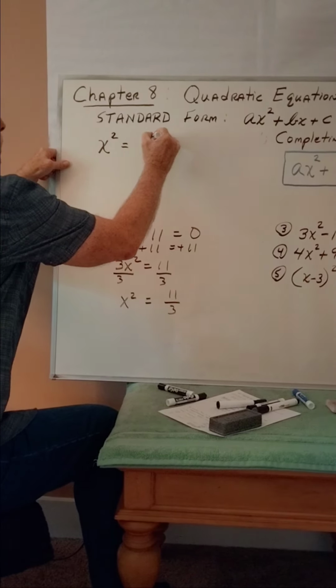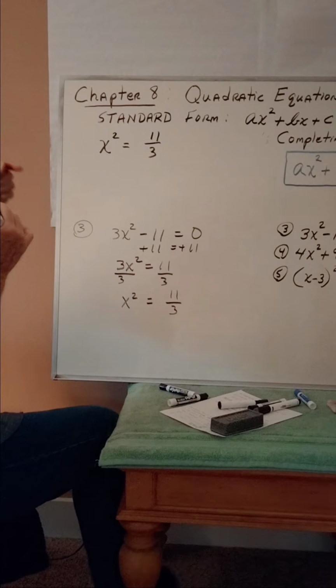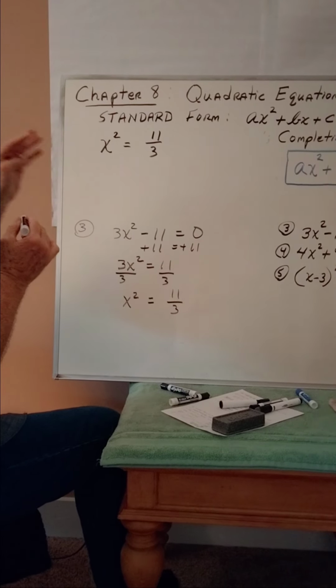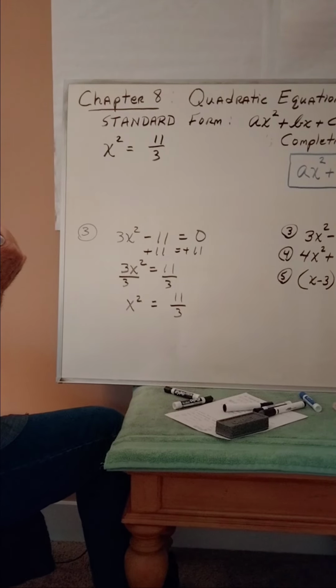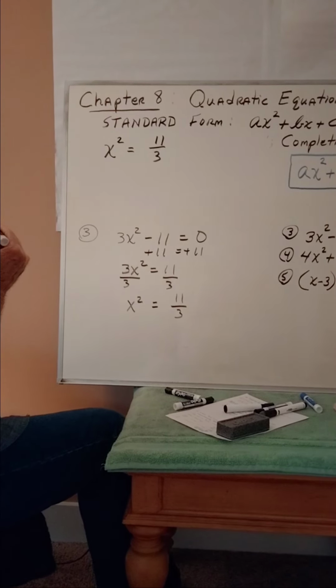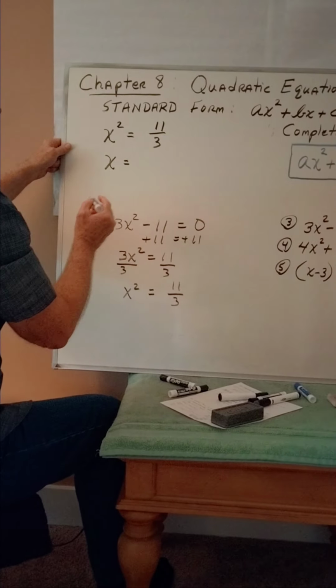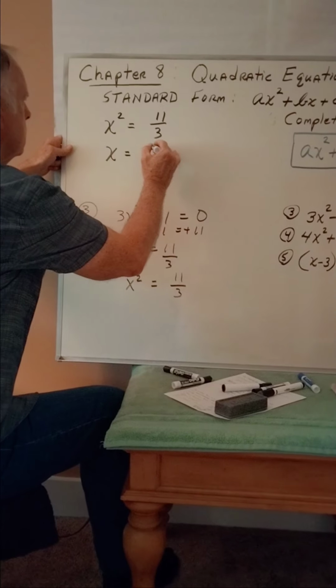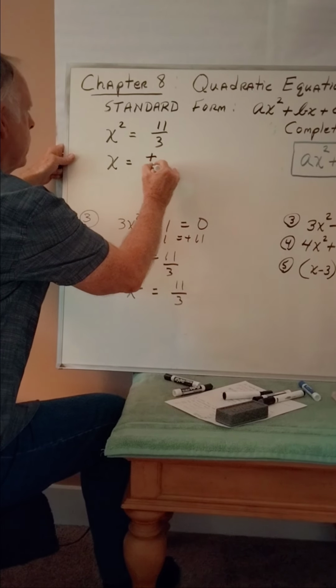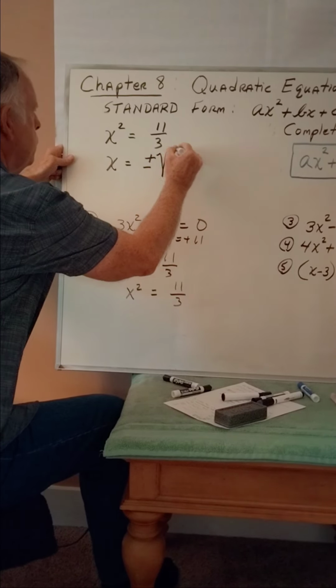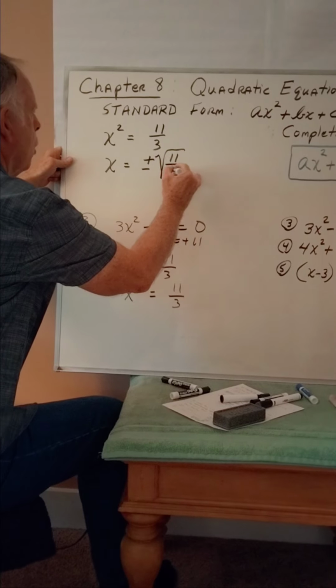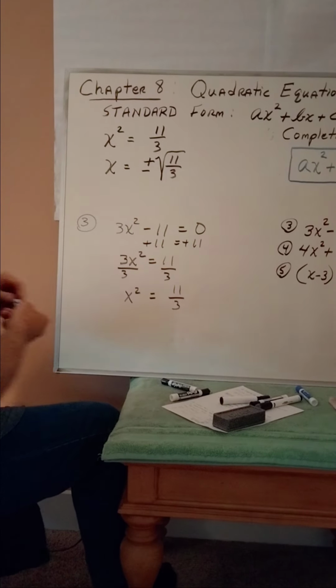Now from this point, I'm going to simplify the rest of the way by using sort of a shorthand approach like many of you will do. We'll find the square root of both sides and we get x, and that will be equal to positive or negative root 11 over 3.